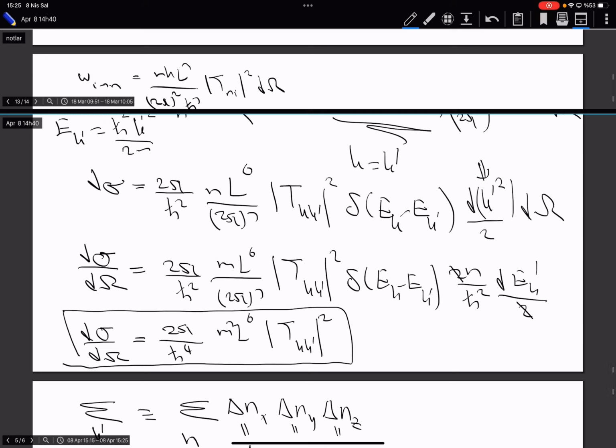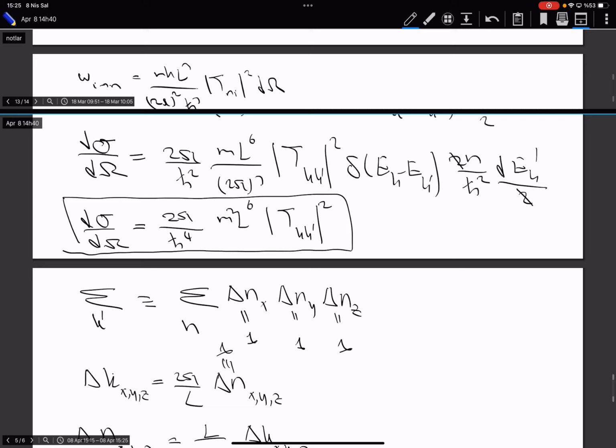So it doesn't scale with L. L's dependence cancels. Now, still we don't know what this T is, but at least we know that if we can calculate T, we can calculate the cross section. And the cross section will be basically just the absolute square of T.